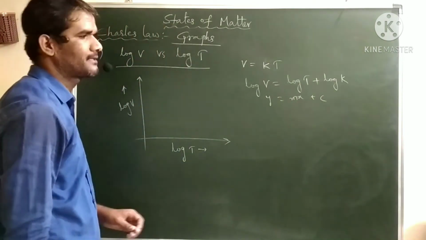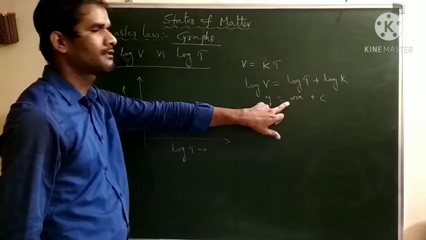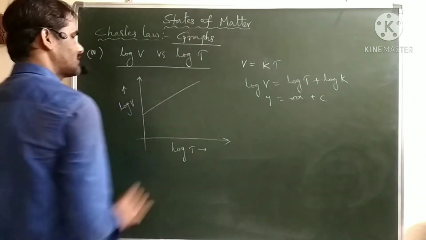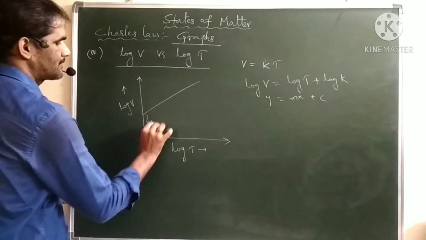For y equals mx plus c, here the slope m is 1 and the intercept is log K. So we'll get the graph like this, and this is the intercept log K value.